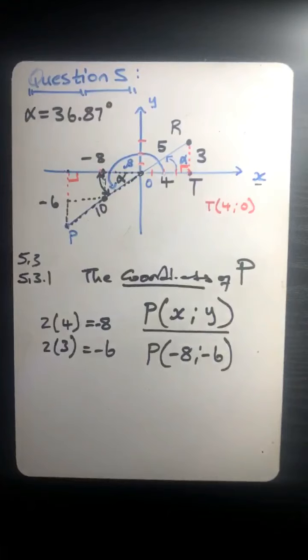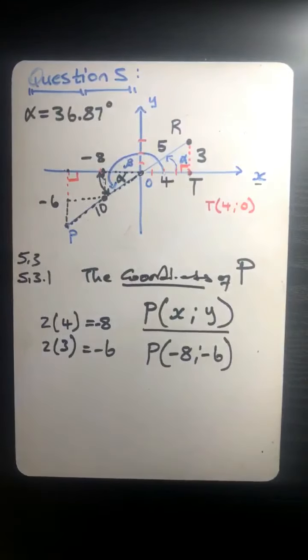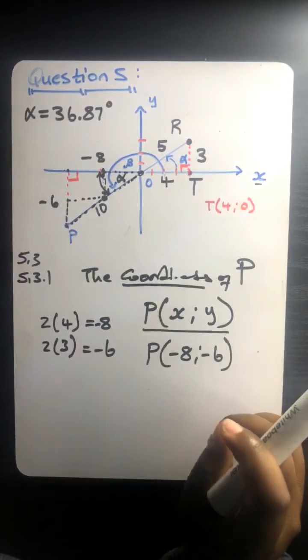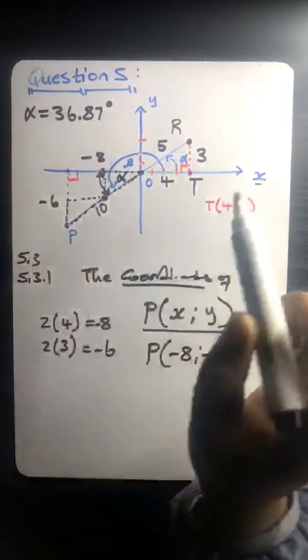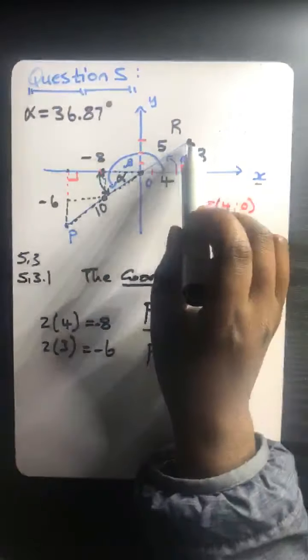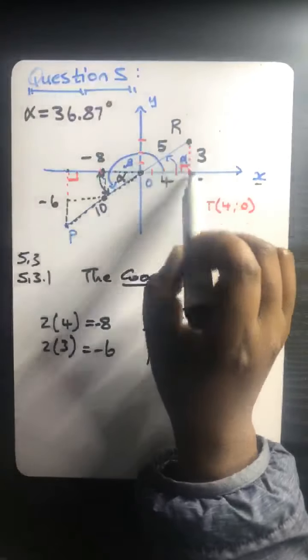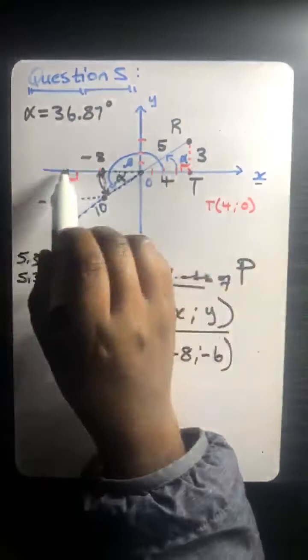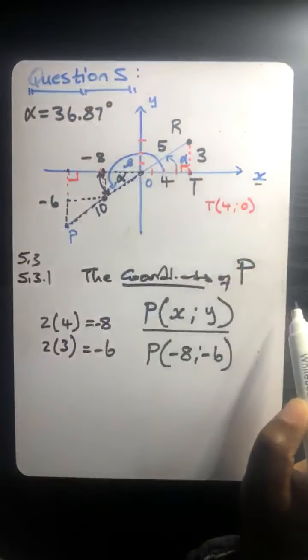So, remember, obviously, for you to do all of this, it comes from your understanding that this right-angled triangle is 2 times that right-angled triangle.